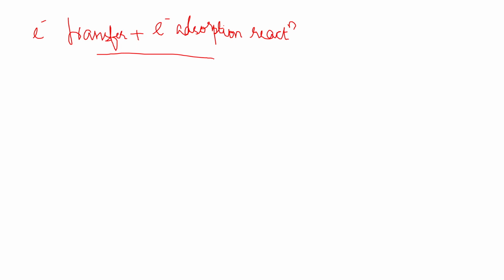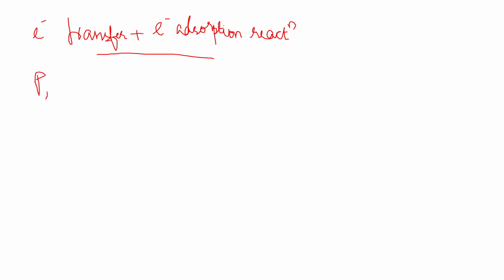This is the next thing you're going to look into. Basically this is a variation of the first problem that you saw. There is an electron transfer happening, but apart from that there is an adsorption reaction happening. Basically some kind of impurity or adsorbent is present which will be hindering the active sites for your desired reaction.